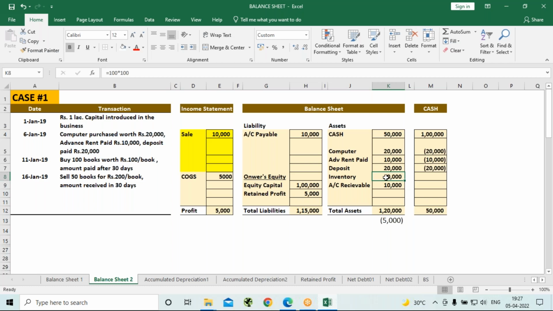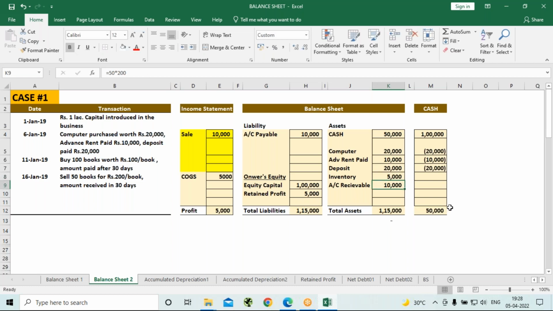So the sales also has happened, 50 quantity, which is worth 200. So that is the sales value. The cost is 100, because when you purchased, it was at 100 rupees.